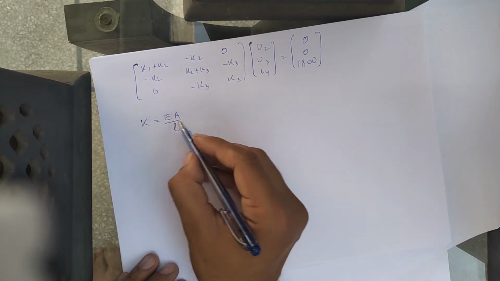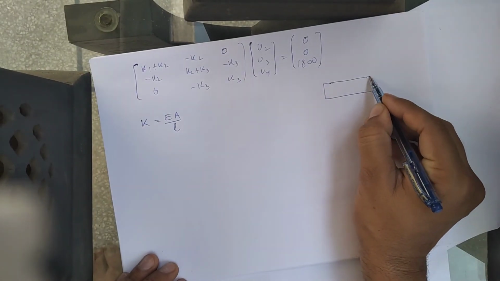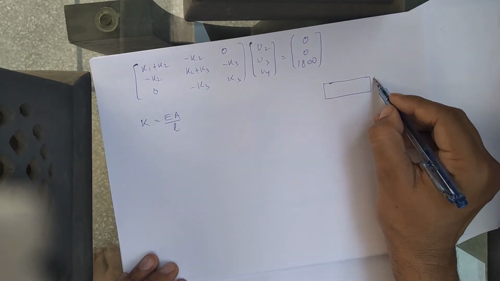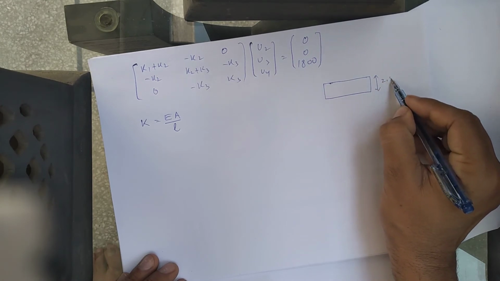So we will solve it for the elements because we have the stiffness for the element. For example, we have this element number 1, which has a length of 2.5, right?